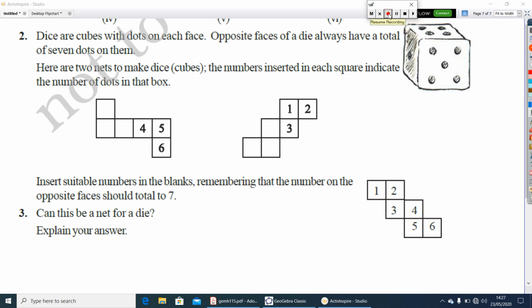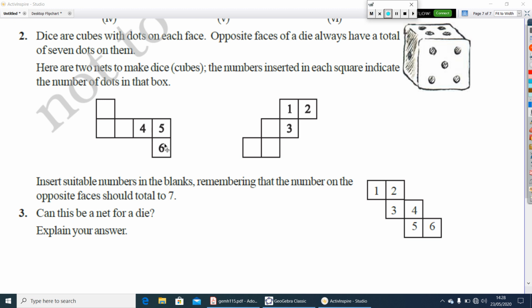You have to make a die using this net and check that the numbers on opposite faces total 7. That means the number opposite 6 should be 1, 4 should be 3, like that.